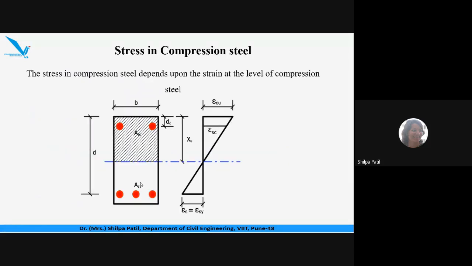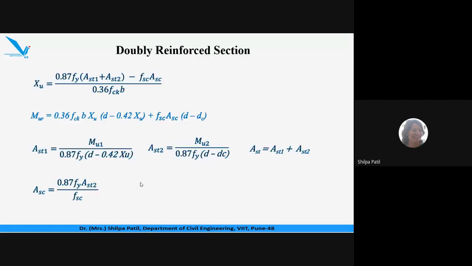Now, we have started with how to find the stress in compression steel. I will quickly go back to the earlier slide and focus your attention on the XU expression.